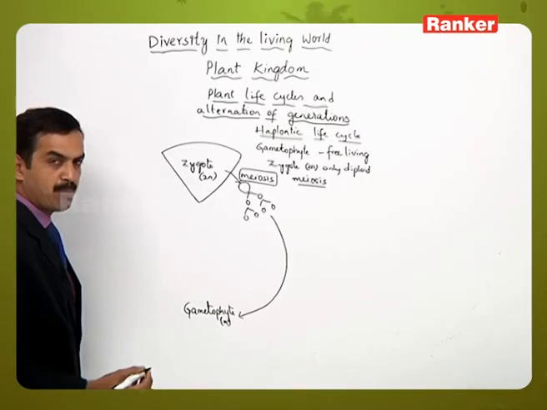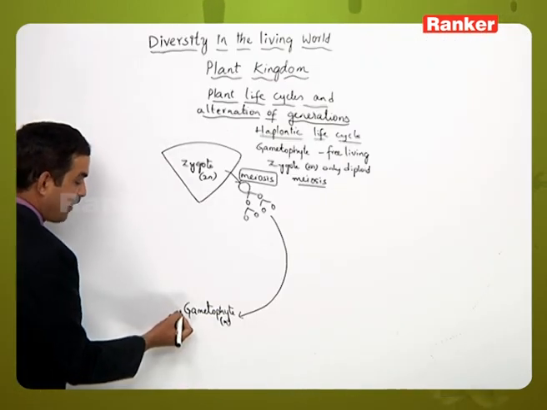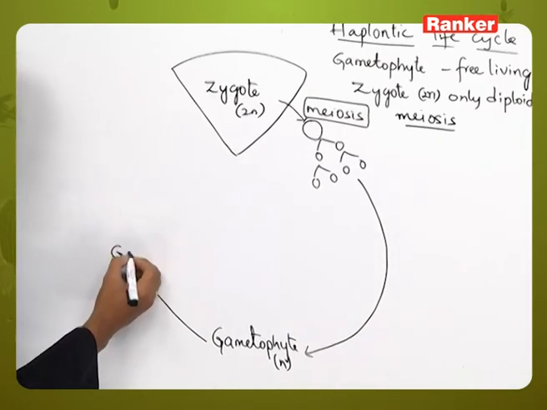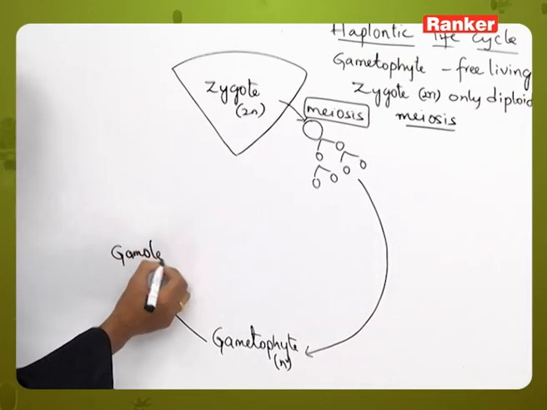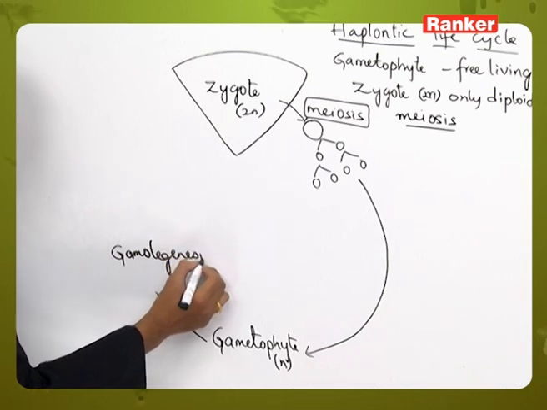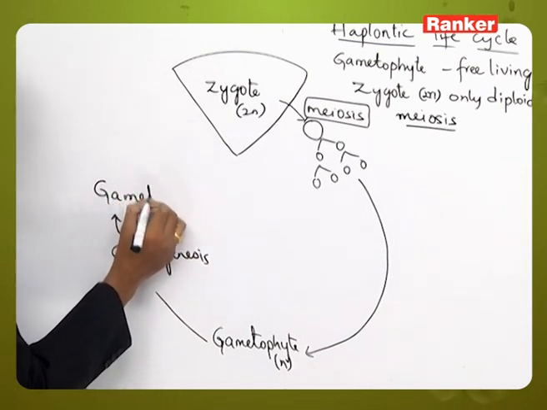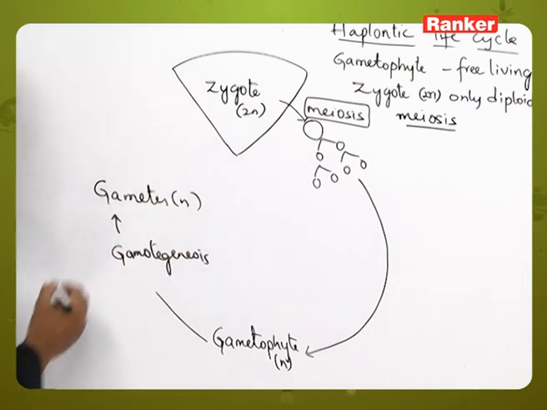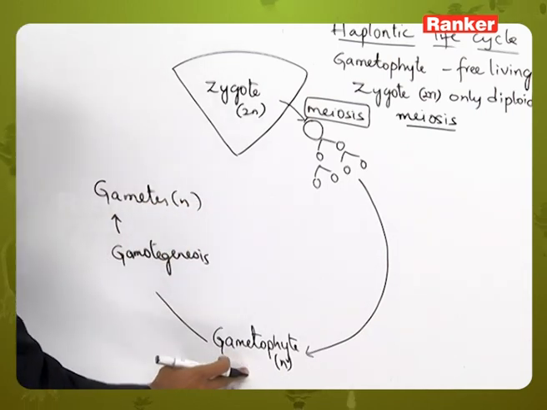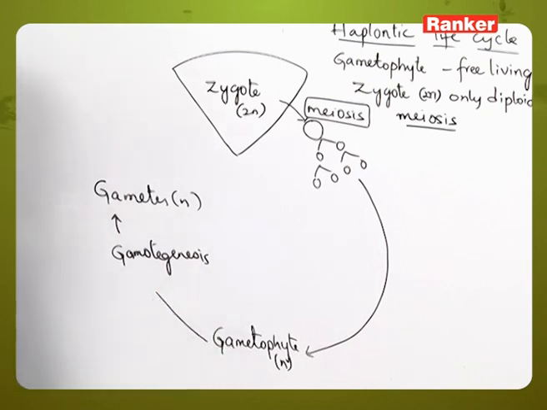Which is haploid in its nature, and this gametophyte will produce the gametes by a process called gametogenesis, and these gametes are also haploid in nature because the plant body itself is haploid.